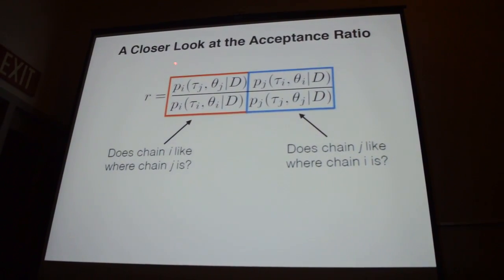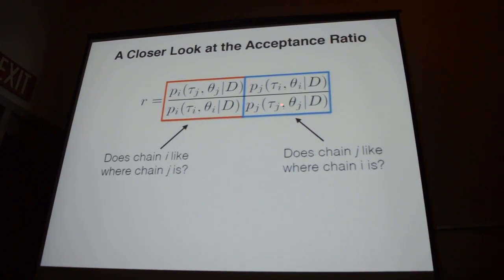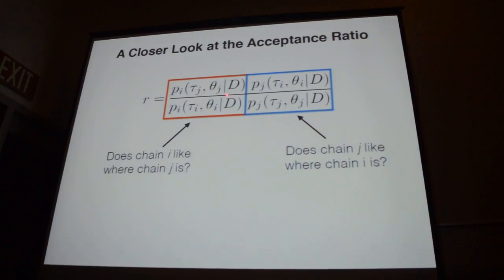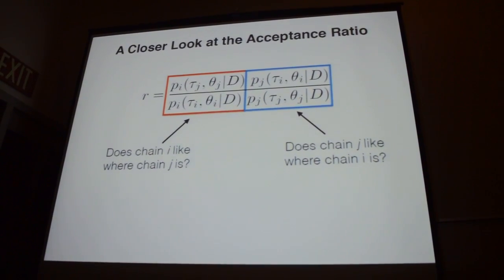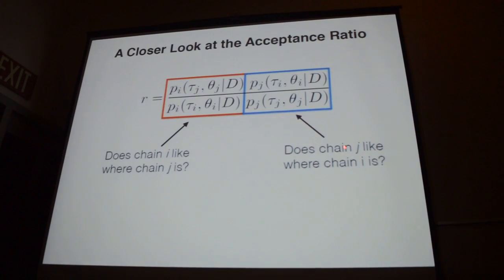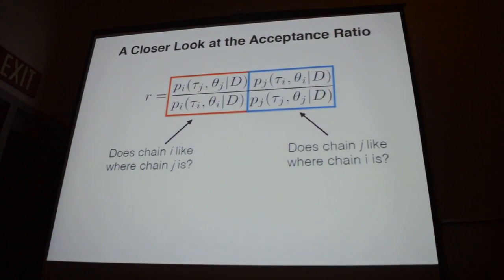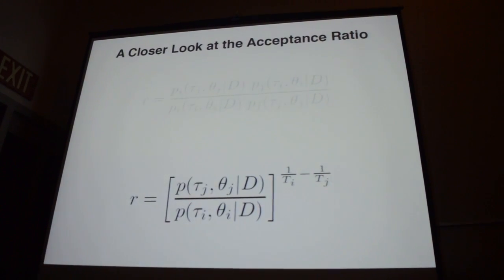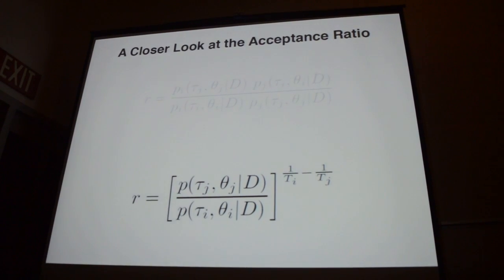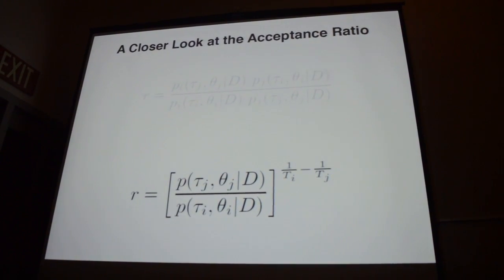So this is the chain-specific density for chain I, and the chain-specific density for chain J. And essentially what this ratio is asking is, does chain I like where chain J is? And then we ask the reverse question, does chain J like where chain I is? And if they're both reasonably good, then we can accept that swap.